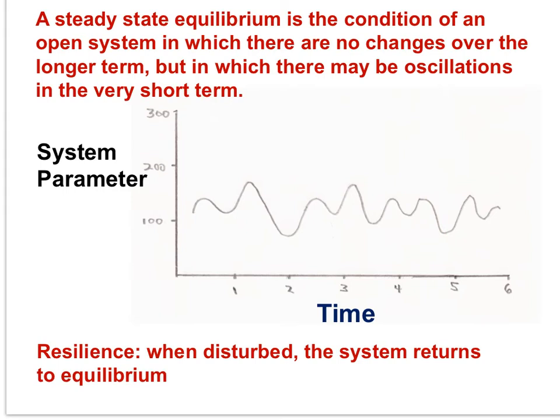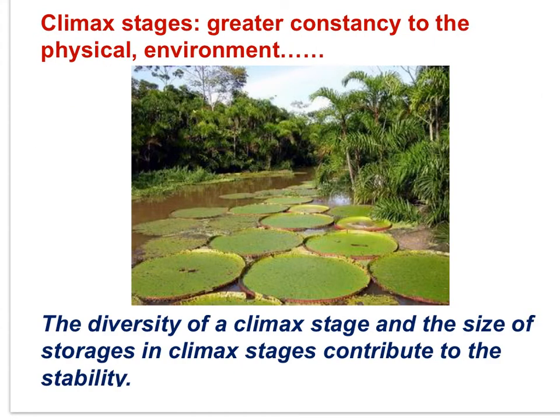The system, a climax stage, displays resilience as the system maintains stability. The system displays resilience because it returns to equilibrium following disturbance. Climax stages of succession have greater constancy to the physical environment, thus they're more stable, and the diversity of a climax stage as well as the size of the storages in climax stages both contribute to stability.